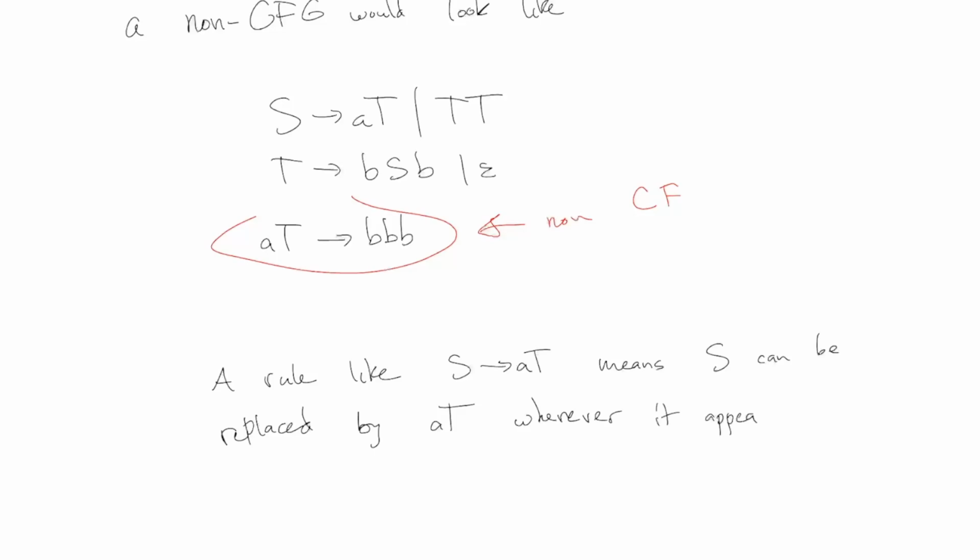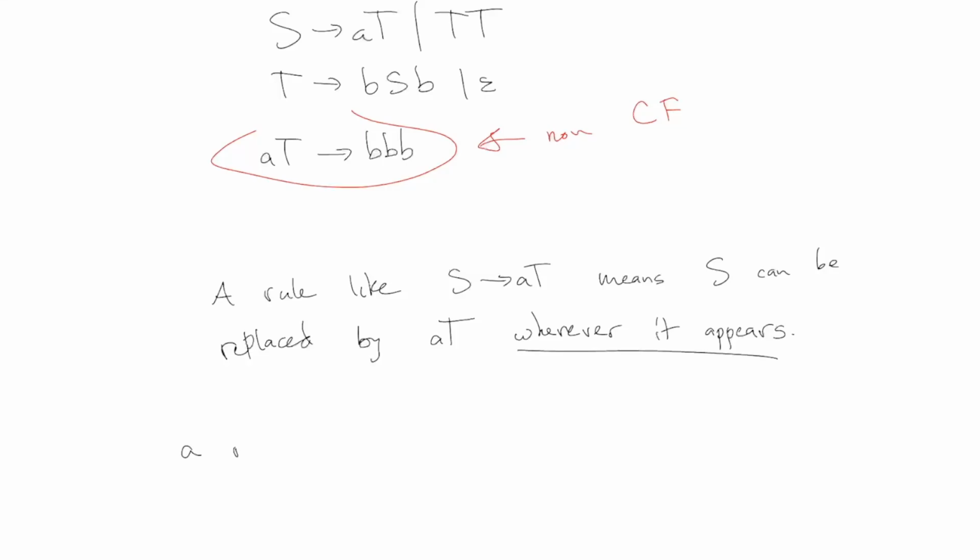That's what it means when you use these arrows to create strings. If it says S goes to AT, it means if you ever see a big S, you can change that into an AT, this kind of substitution rule, wherever it appears.